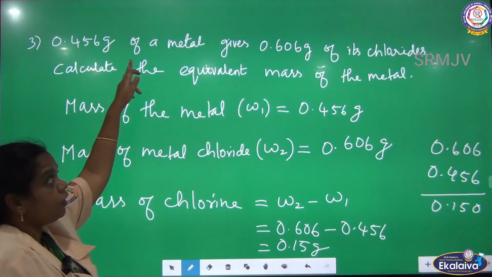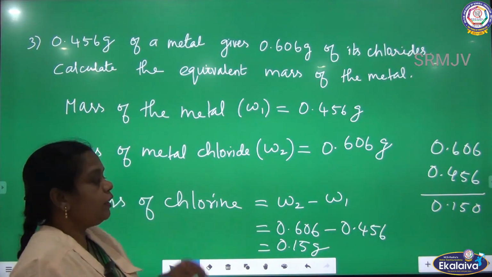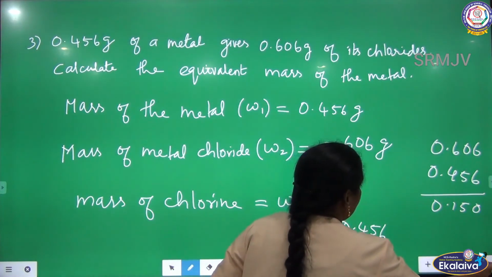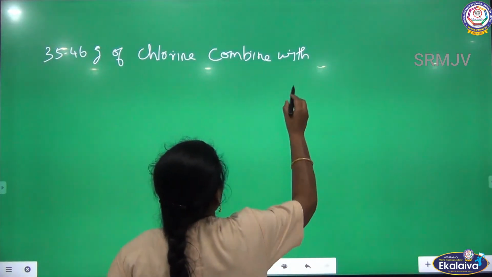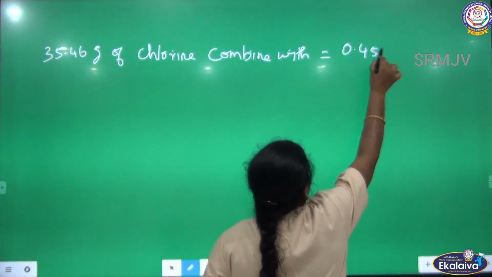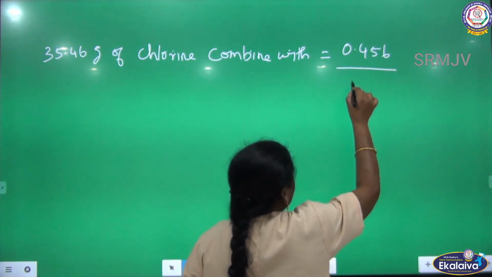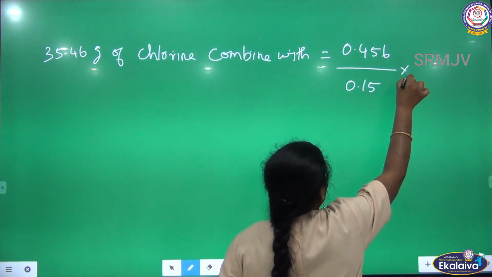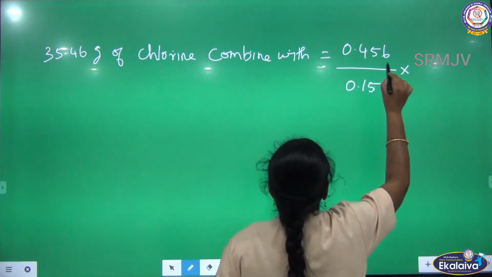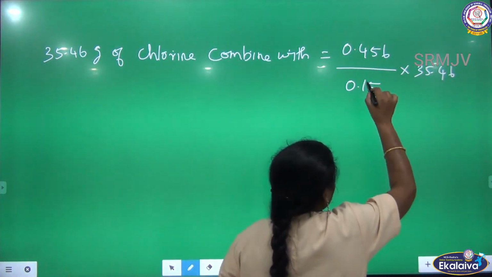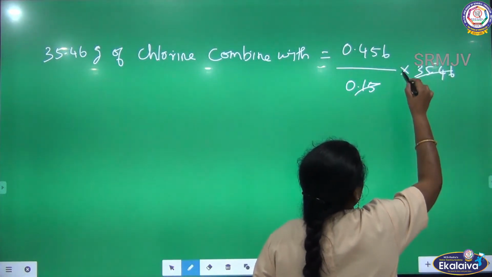In this only the chlorine is going to combine. So, 0.456 divided by 0.15 into the mass of the chlorine, which is 35.46.